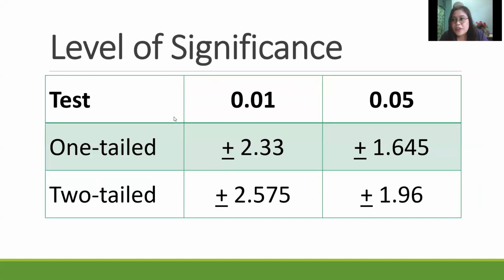Now, when you have computed the z-scores, you will be comparing it to the critical values na naa sa atuang table. So the level of significance, dalawa lang ang binigay ko sa inyo kasi itong dalawa ang pinakaginagamit na level of significance, the 0.01 and the 0.05.